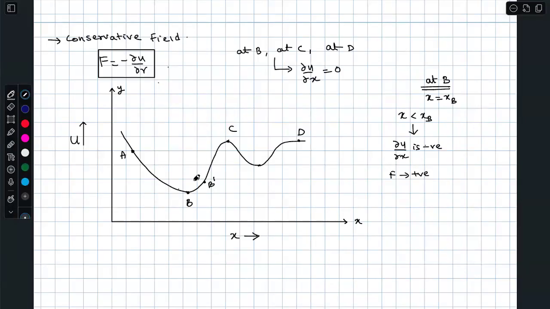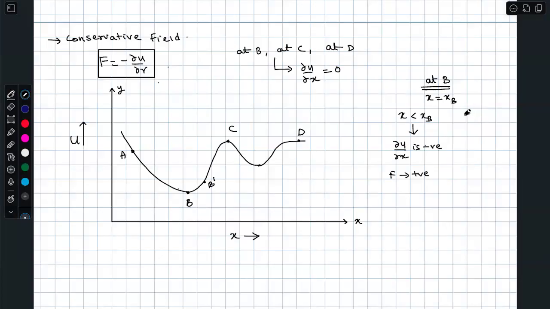If you disturb it from B, shift it to the left of B, it experiences a positive force. What is the meaning of positive force? Direction of force is rightwards. So you disturb it at B, it won't allow it to stay at that position. It will tend to move towards B.